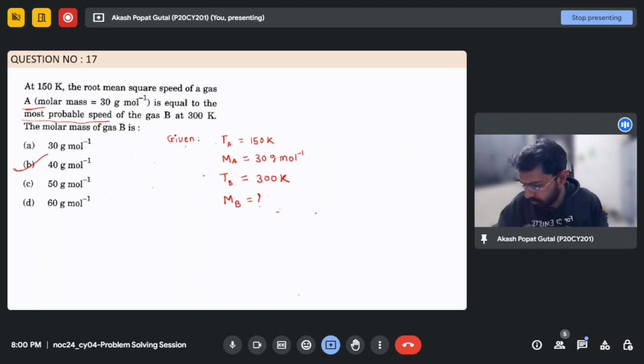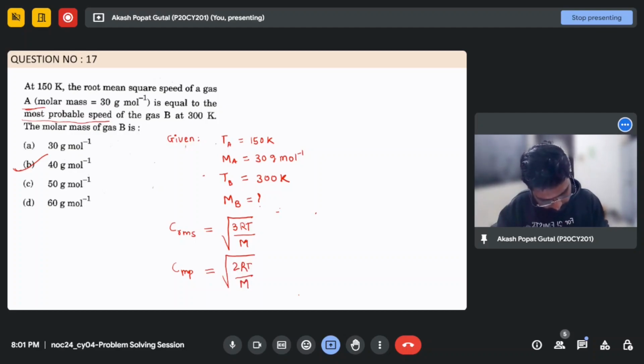So what we know is that root mean square speed is actually root 3RT by M, and most probable speed would be root 2RT by M. So if we equalize for A and B, we get 3RT for the RMS speed of A, with T_A and M_A, and 2RT_B and M_B.